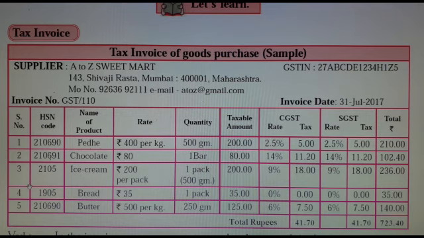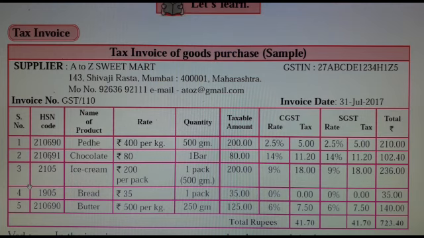Next item is butter, and the HSN code of that is 210690. The code of milk products is the same. Rupees 500 per kilogram. It is the rate of butter. Quantity 250 grams. Taxable amount 125. 6% is the rate of CGST and 6% rate of SGST.